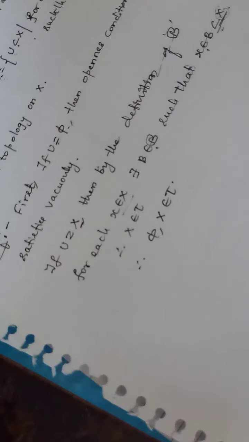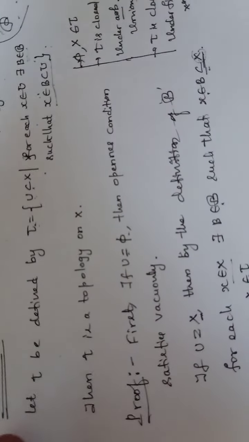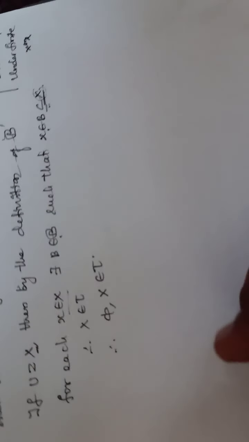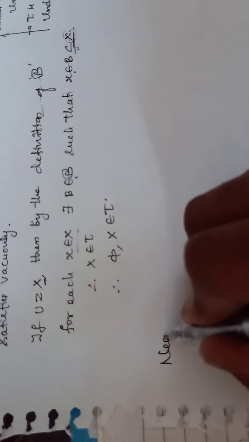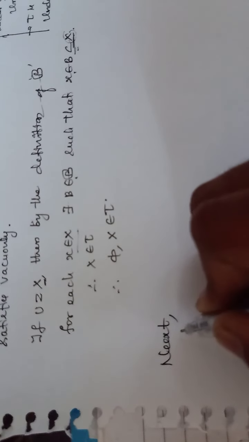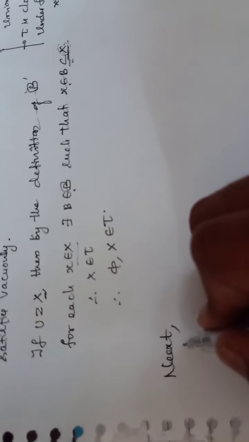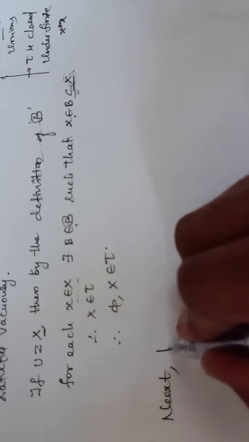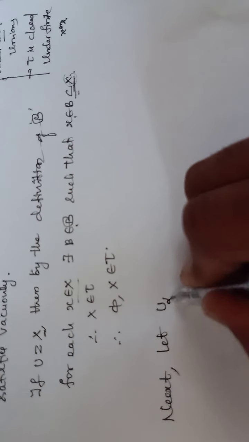Okay, so we need to prove the second condition, that is, to prove that tau is closed under arbitrary unions. For that, let me take an arbitrary subcollection.